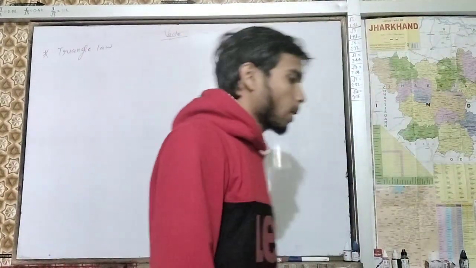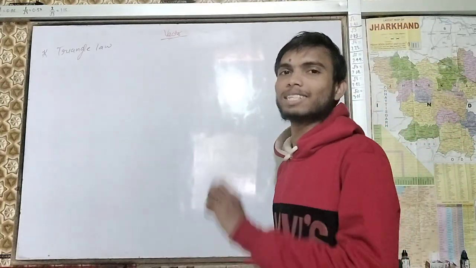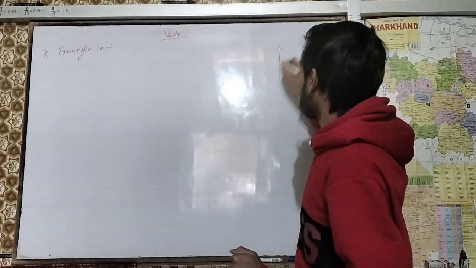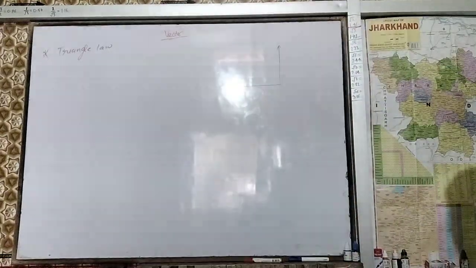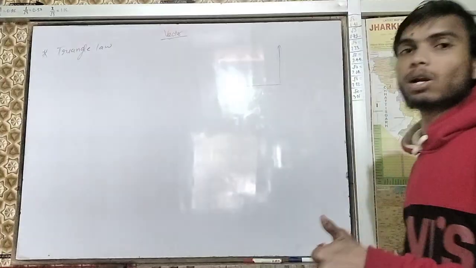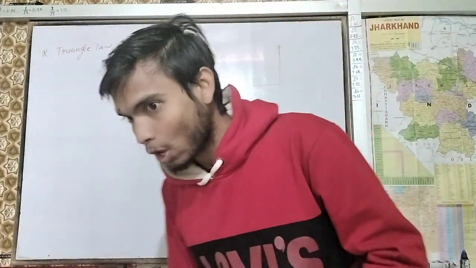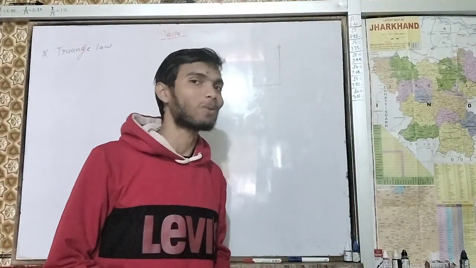So, the triangle law. Let's say it dramatically now, and later we will say it mathematically. Let's say this is one vector, and another we have is this. Can we complete this by using the triangle law? Yes, we can. Remember, you are going to draw the resulting vector, the third vector.